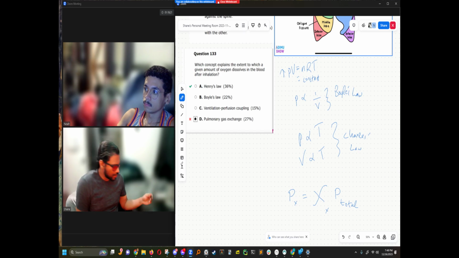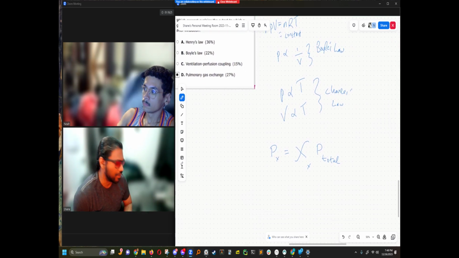Right? And the mole fraction here is essentially just a way for you to determine what percent of the total gas, let's say it's a mixture of gases, the gas makes up.